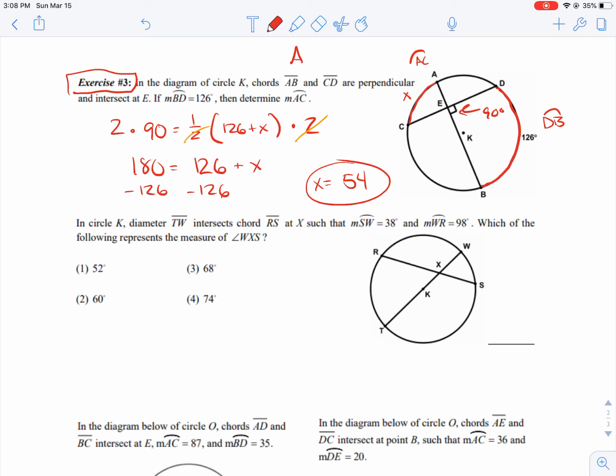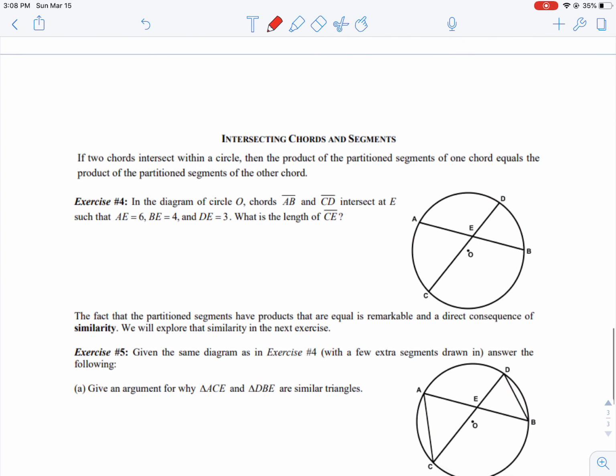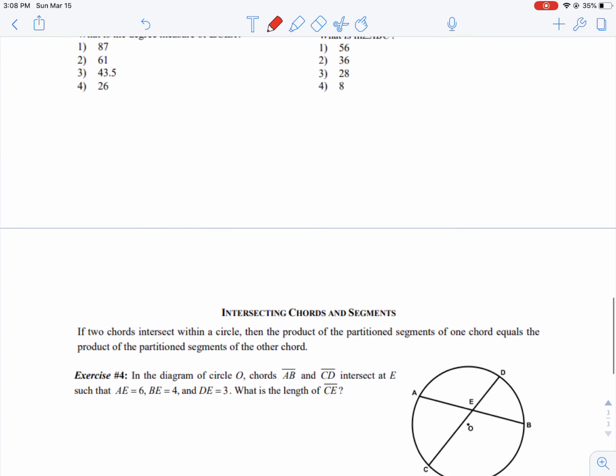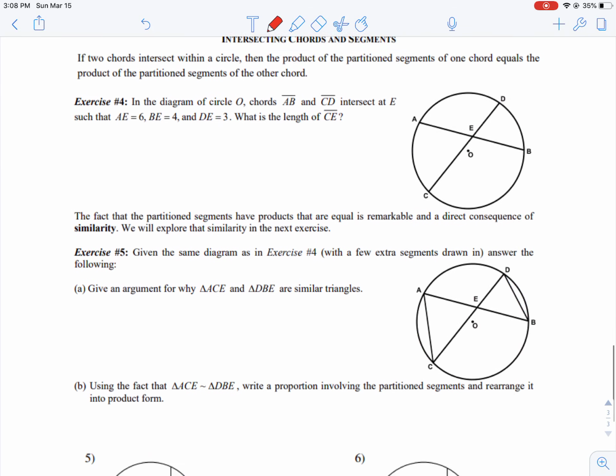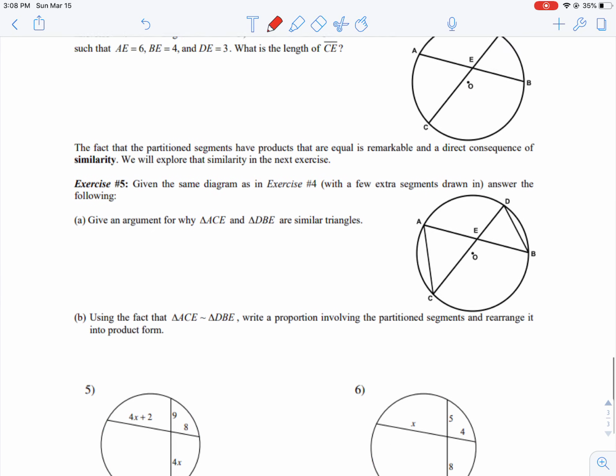Okay, so the arc AC is 54. Okay, and so the rest is for homework, you guys. Try this, this, and this one. Oh, we still got more down here. My bad. So try those 3. Let's get to this last part. I'm sorry. One more problem here.